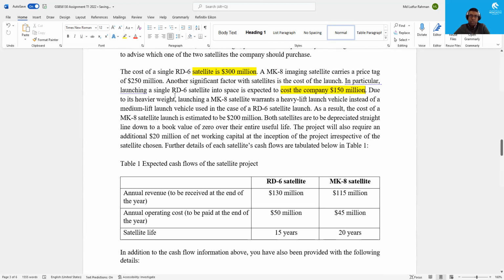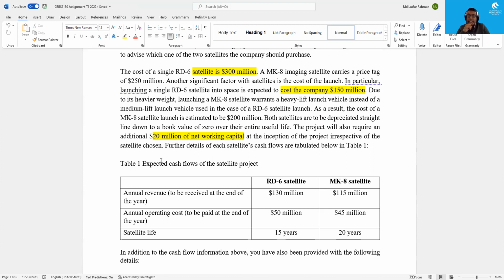Its launching cost, as well as the net working capital at the inception of the project. Which means that the initial investment should be 300 million, 150, 450, and 20, so 470 million. So almost all of you did it correctly, no drama.